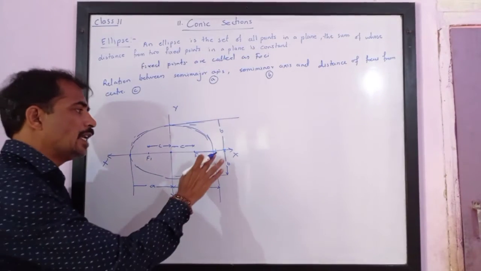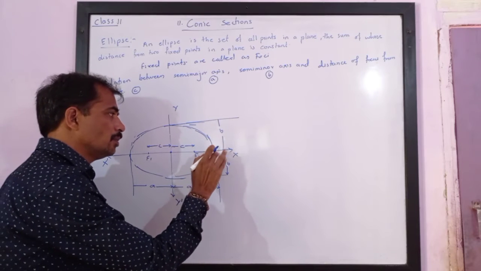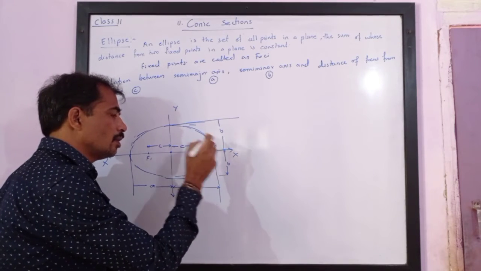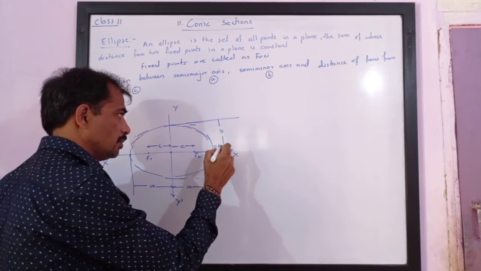Now let P be any point on the major axis. So this is a point P on the major axis whose coordinates are x and y.